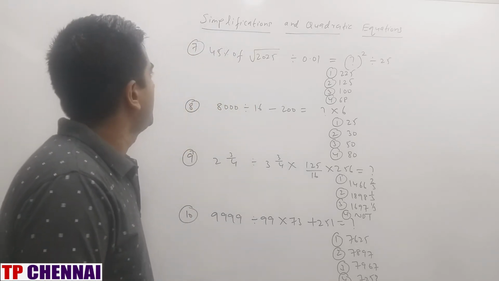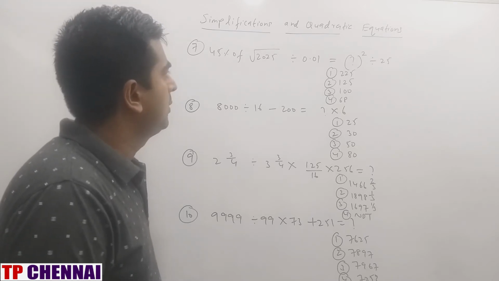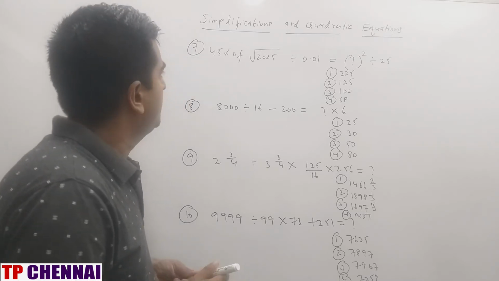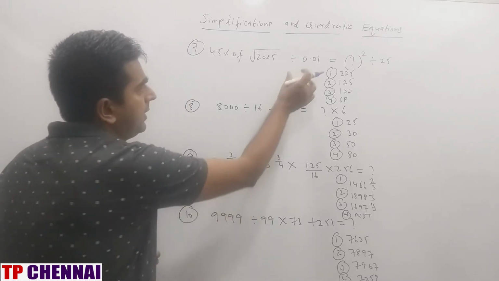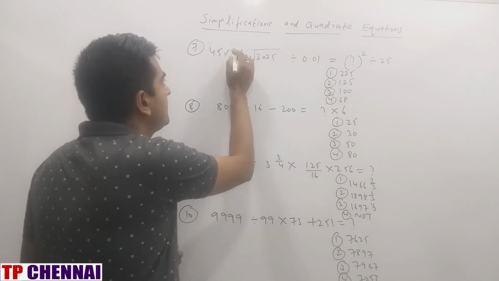First one, 45% of square root of 2025 divided by 0.01 is equal to question mark square divided by 25. Now first of all, what is the meaning of this one? This is 1 by 100, but division symbol is there, so it will be into 100. Into 100 and percent will go out.